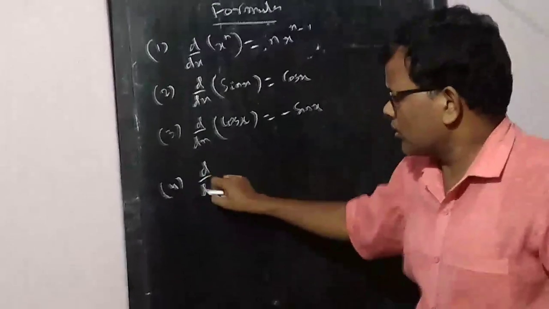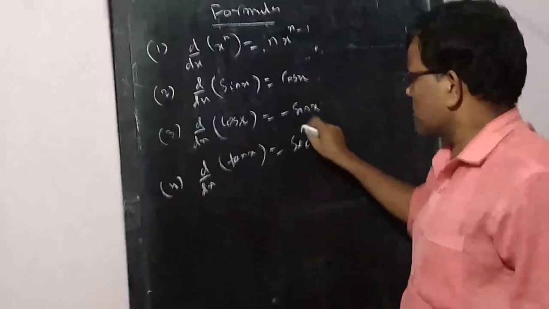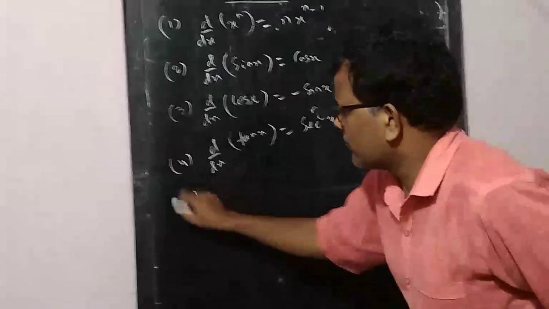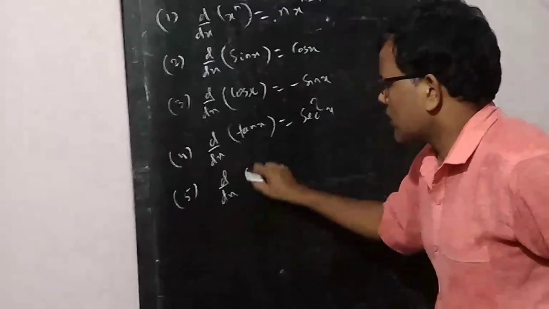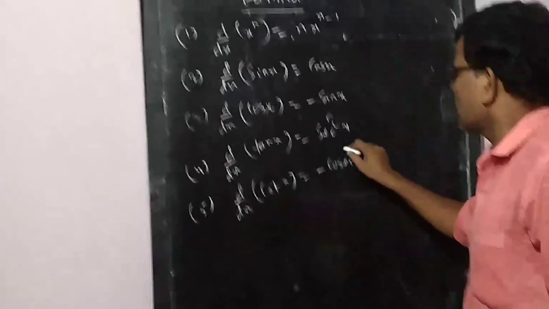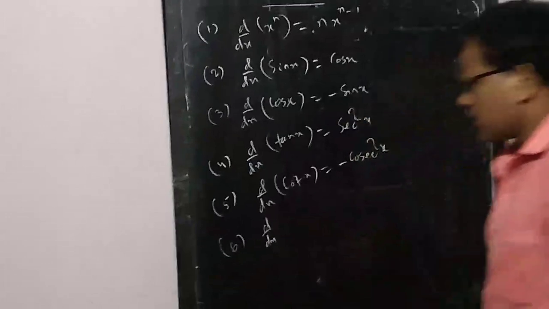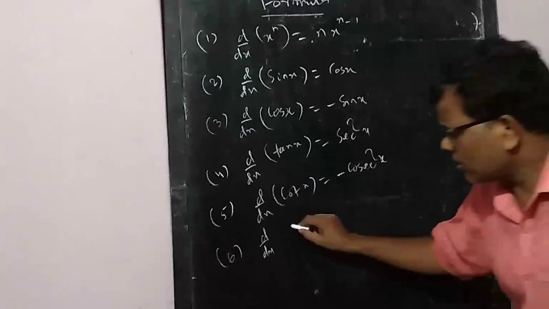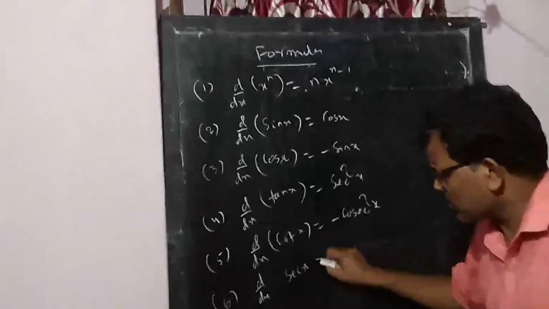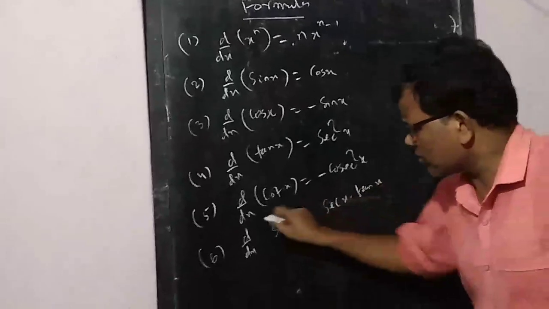Four, derivative of tan x is sec squared x. Five, derivative of cot x is minus cosec squared x. Six, derivative of sec x is sec x into tan x.